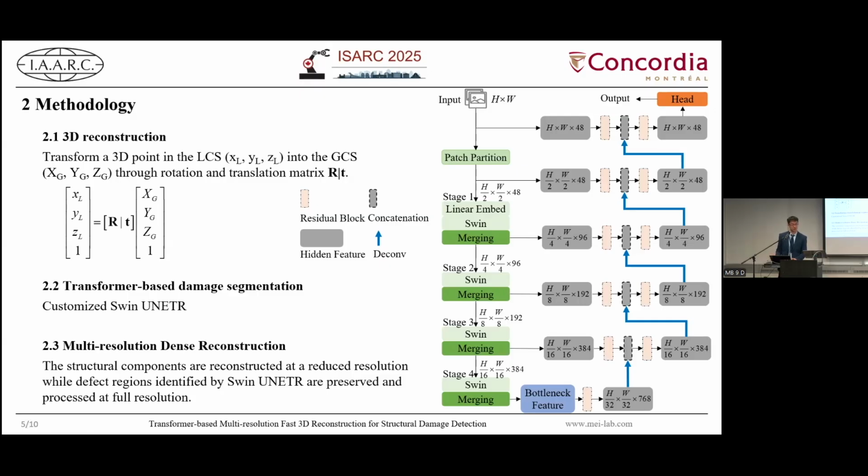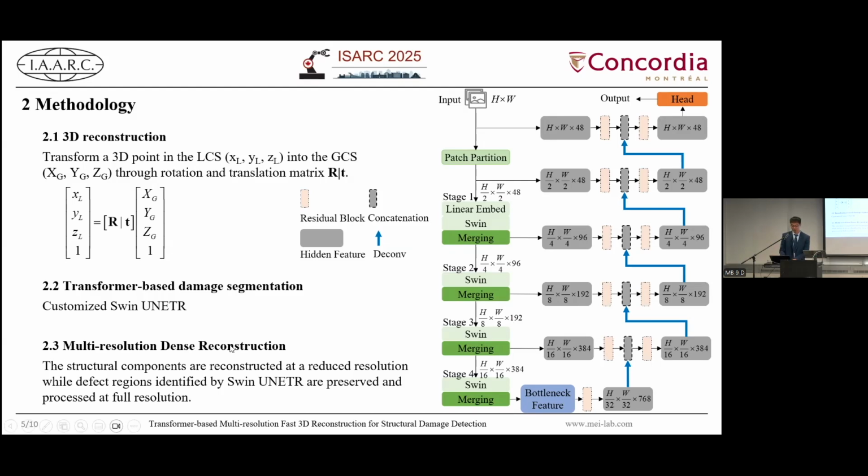Those blocks can efficiently extract both local and global features, and within its shifted windows for using the self-attention mechanism. So for the decoder part, we use skip connections and the deconvolution to gradually restore the full resolution of the full images, and then finally output the damage segmentation masks.